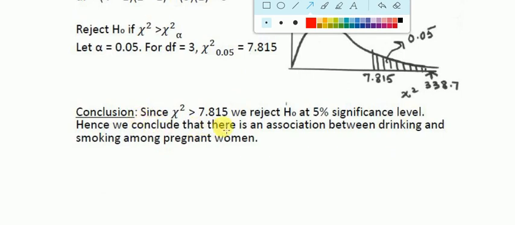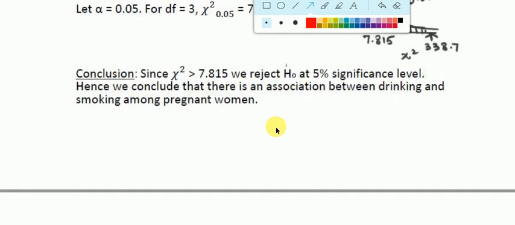Hence we conclude that there is an association between drinking and smoking among pregnant women. In case they were independent, there wouldn't be any association, but here we have proved that there is an association. That's it. I hope this was helpful. Thank you very much.